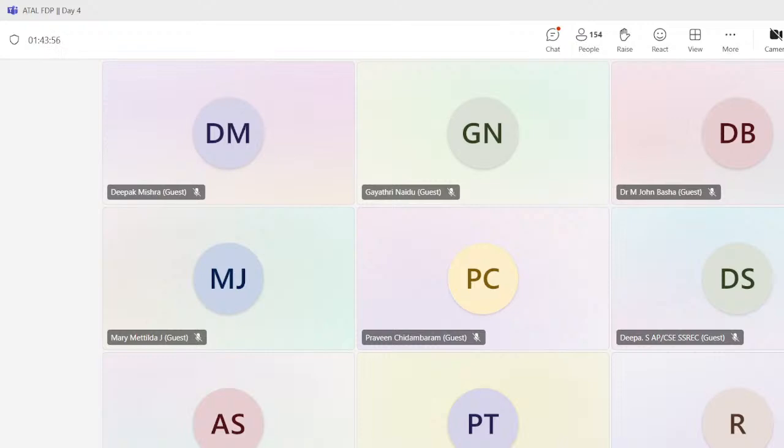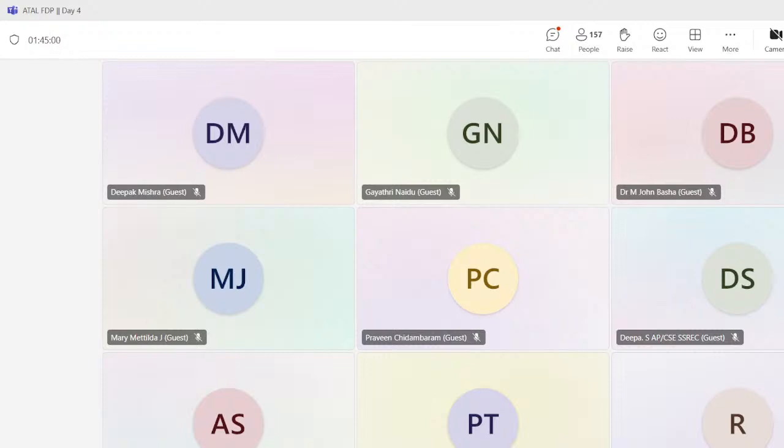Give me some time. I will save this notebook and then I'll open it again. Okay, I got it.